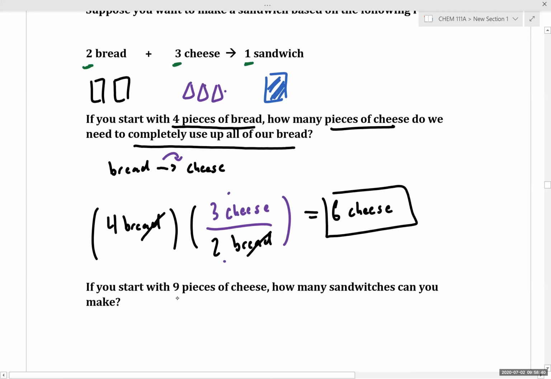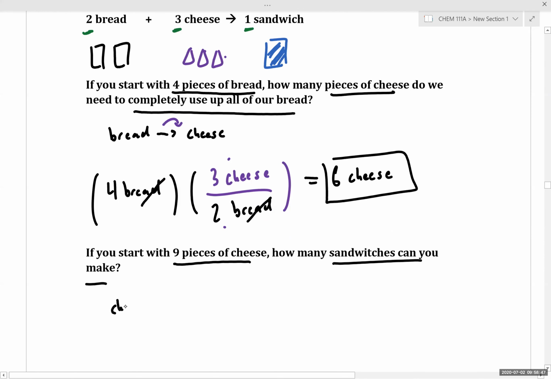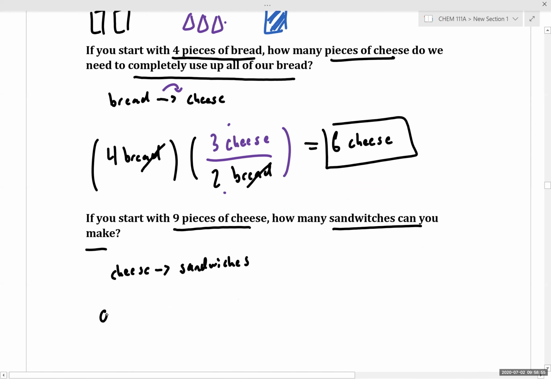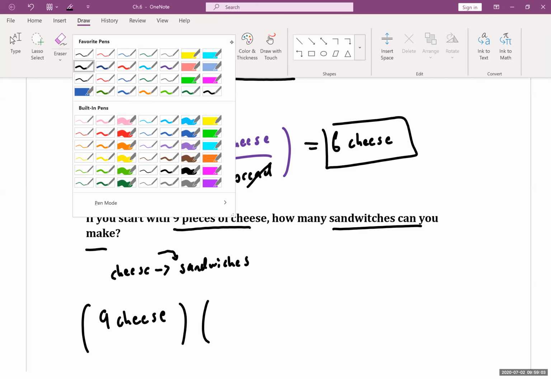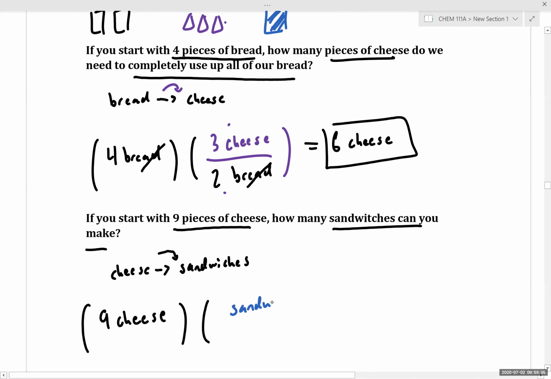Okay, now if we start with 9 pieces of cheese, how many sandwiches can we make? Okay, this time we're going from cheese to sandwiches. So starting off with 9 cheese, we're converting to sandwiches, so sandwiches are on top. So how many sandwiches do we get per how many pieces of cheese?